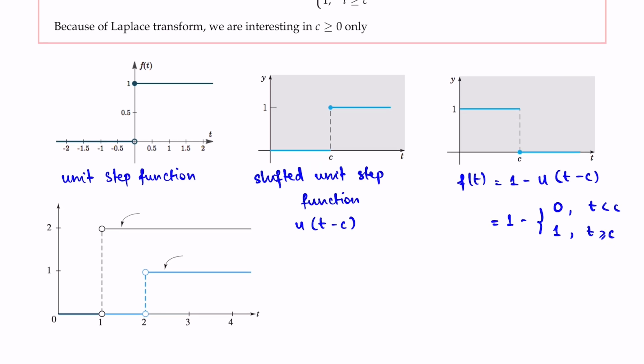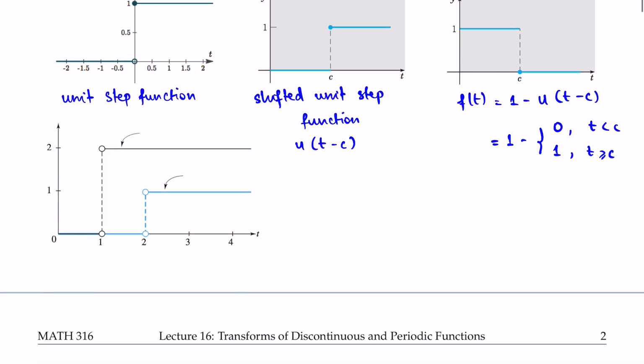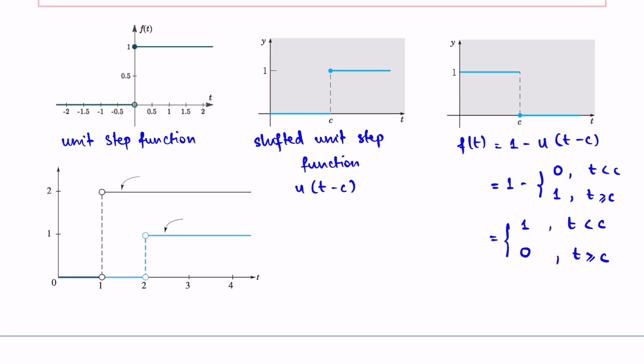You can do manipulations here, that is 1 minus 0 for the interval t less than c, and 1 minus 1 for the interval t greater than or equal to c. So 1 minus 0 is 1 for t less than c, and 1 minus 1 is equal to 0 for t greater than or equal to c. So when you manipulate this shifted unit step function, this is the step function that you get. This is also a shifted unit step function, but in a different form.